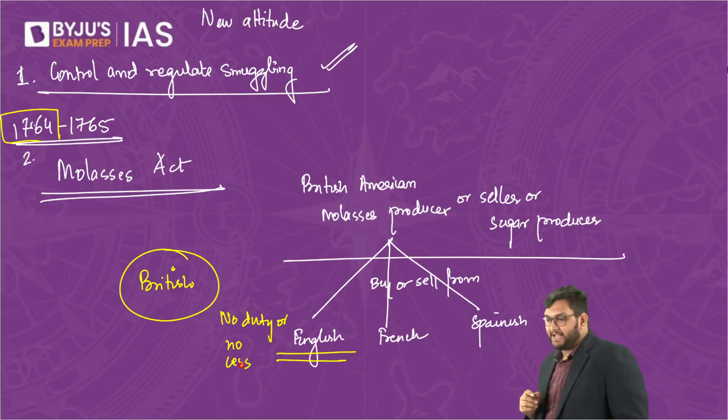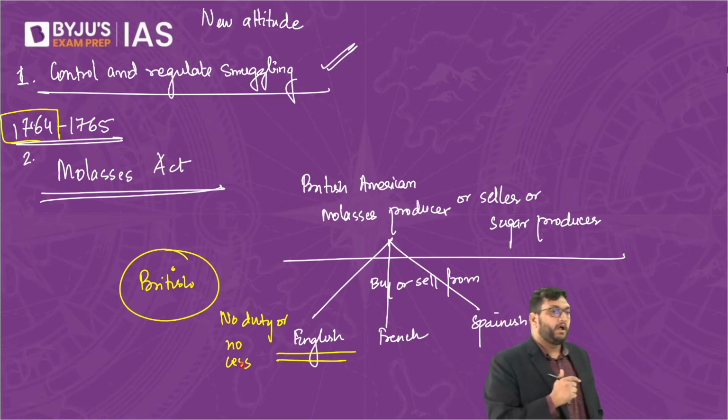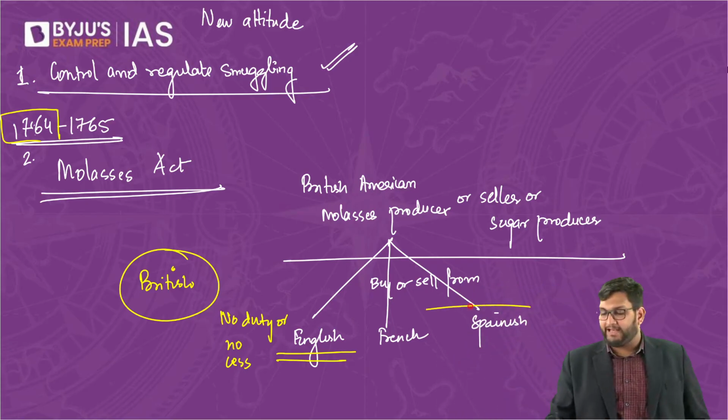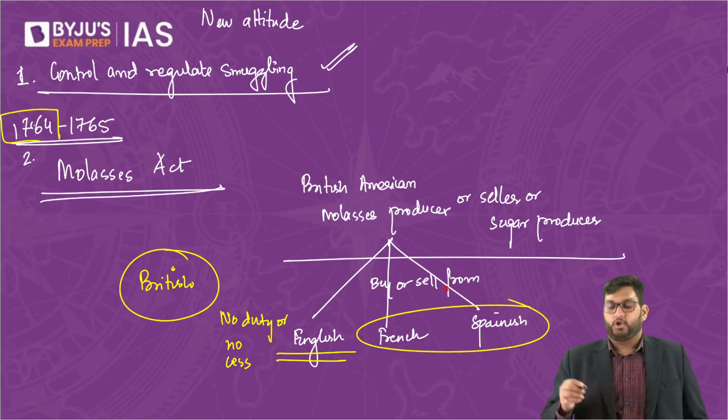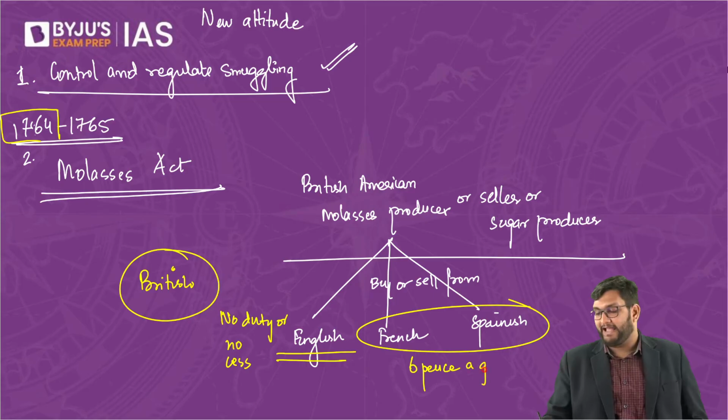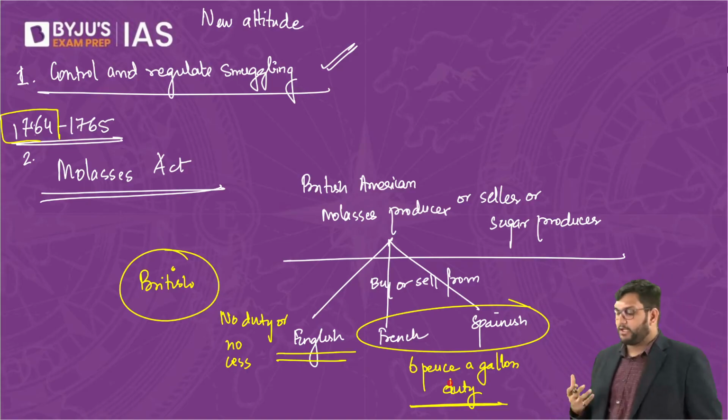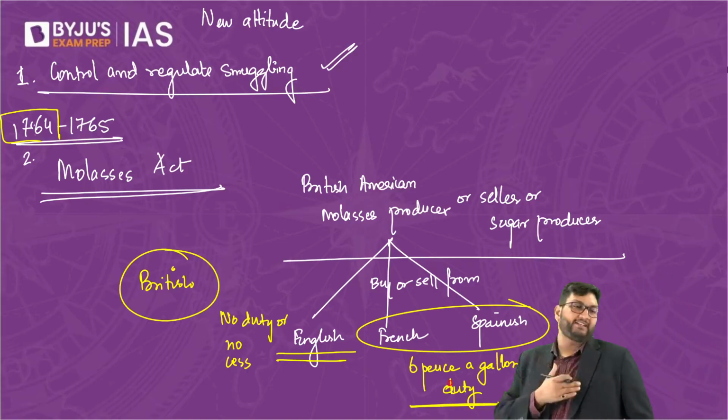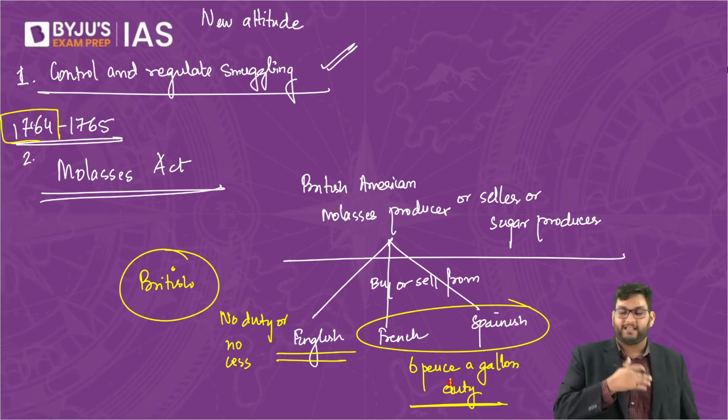On the other hand, if you buy from the Spanish and the Portuguese, you will have to give 6 pence a gallon duty on it. Can anybody tell me why would the British put a duty on French and Spanish molasses?